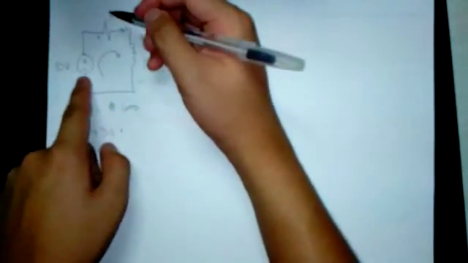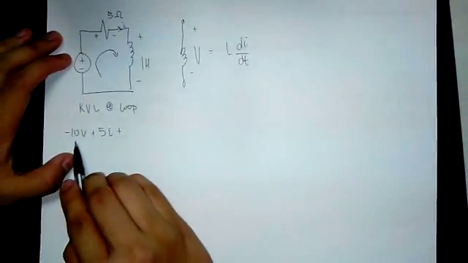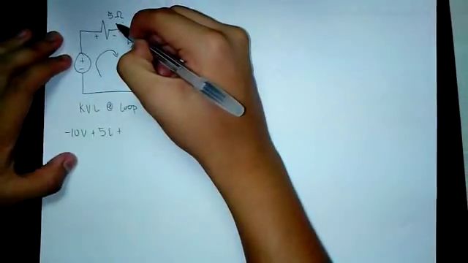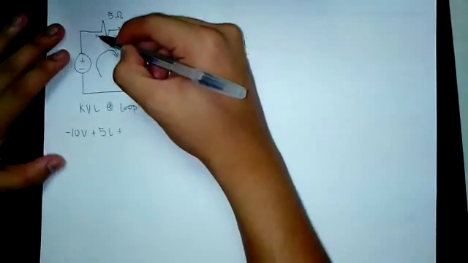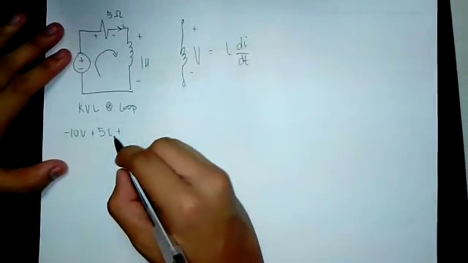So the current enters from here, rotating here and here. So it enters at the negative polarity, so that is why it's negative 10 volts. And it enters the resistor, which has positive polarity, so it's plus 5I.